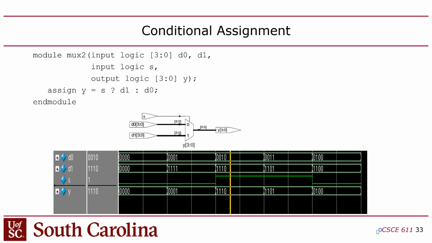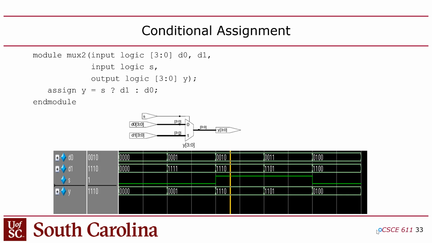Okay, so let's look at another example. This is hugely important because you use this all the time. There's this operator called the ternary operator, and it actually exists in Java and C. I don't know if Python has it. Probably does, but the ternary operator is basically a question mark.